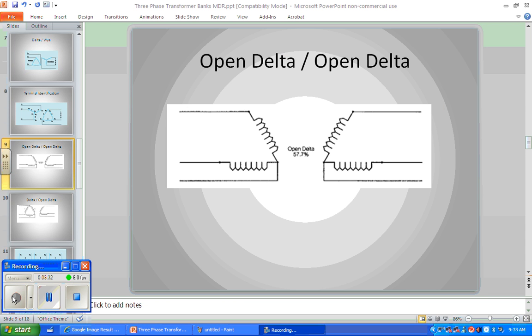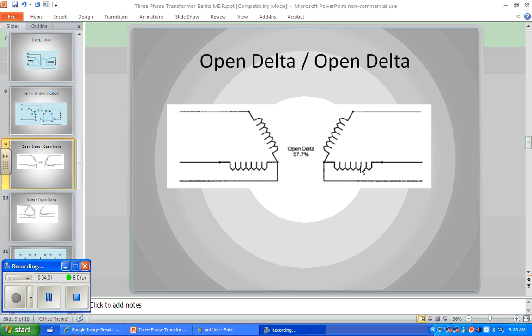All right, so one of the connections we can have that the other slideshow does not show much is an open delta, and this is an open delta. You'll notice that it only has two single-phase transformers forming this. We see there are two single-phase transformers coming in here and two single-phase transformers going out.